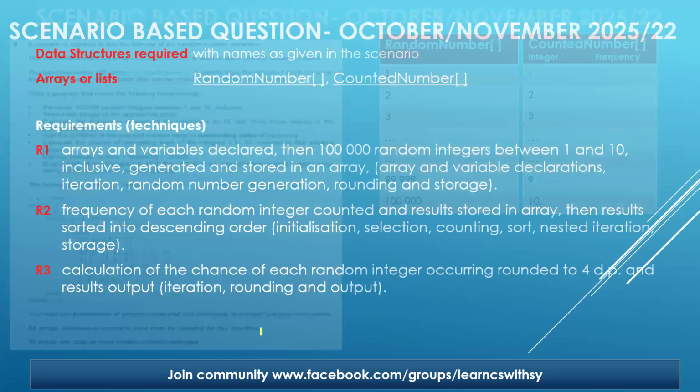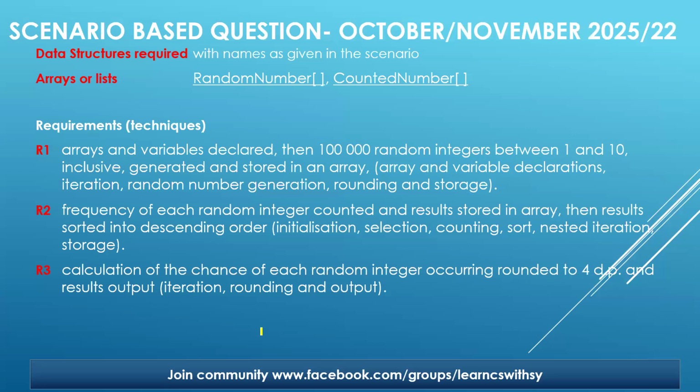Now, moving to the data structures required. You can see the requirements here in the question paper are arrays or lists that are supposed to be used in the same way, like random number and counted number are the two arrays, and you cannot change them as per your wish. The variables are as per your choice. You can use any variable of your choice.